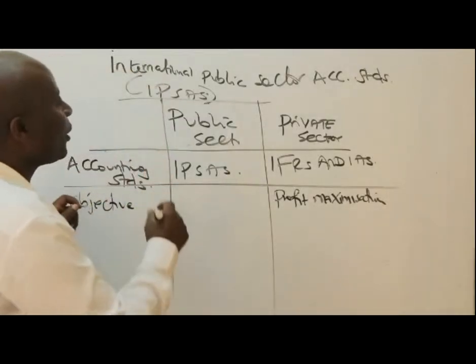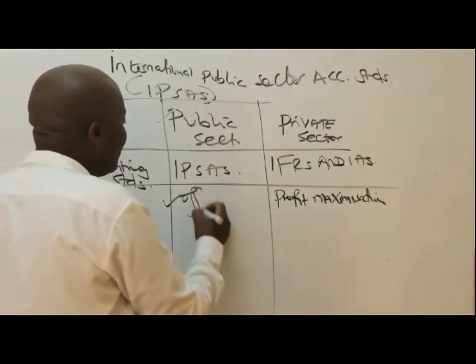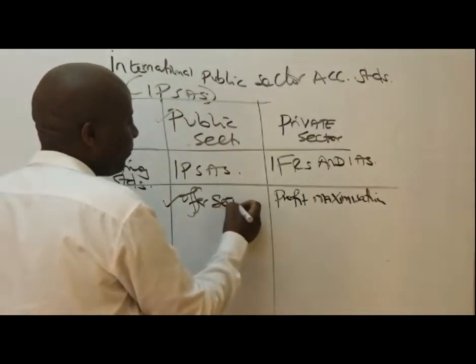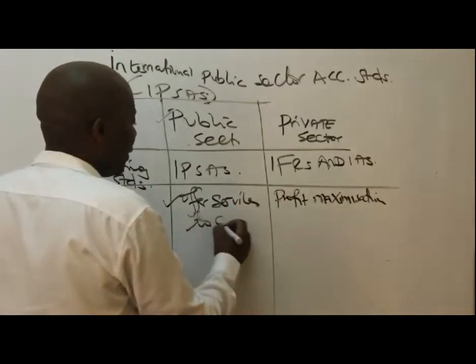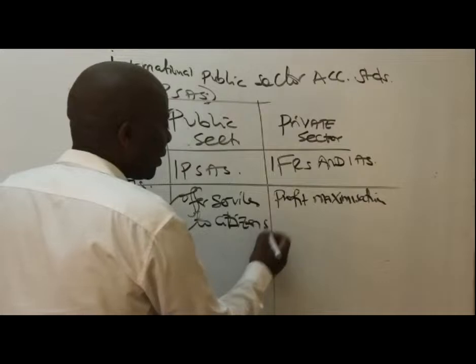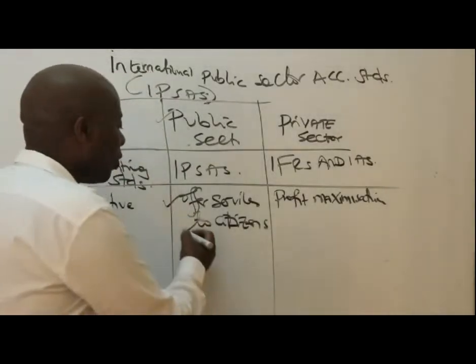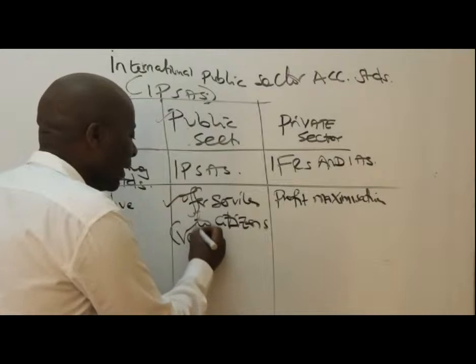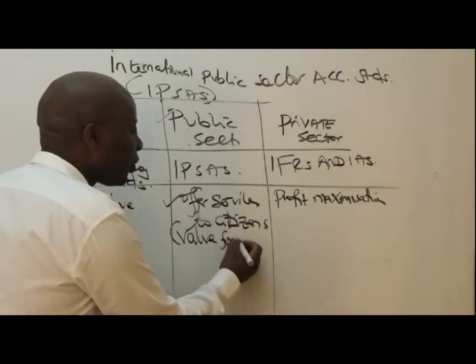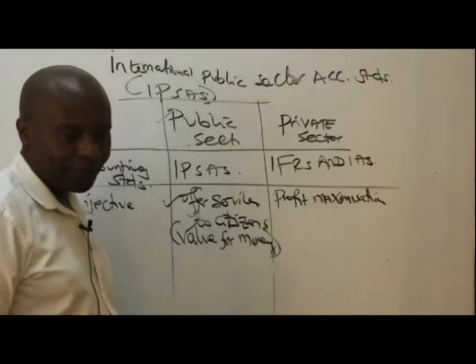How about public sector? Public sector, ladies and gentlemen, their main objective is to offer services to citizens. And that is why in the public sector, they always talk about the government, the financiers, getting what we call value for money.